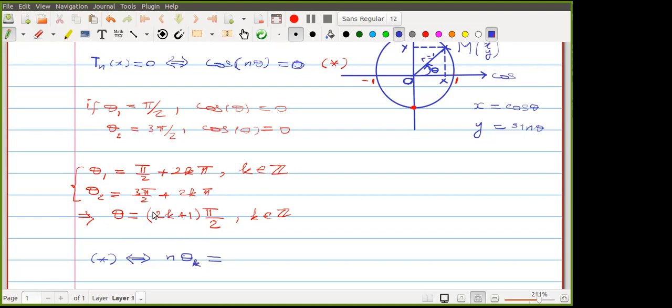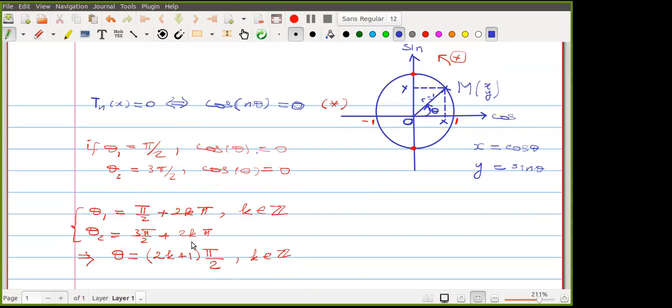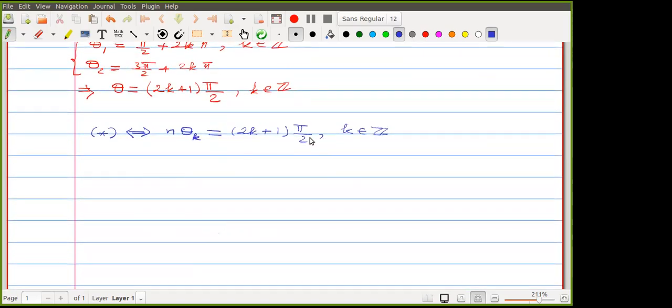That will be equal to 2k plus 1 into pi by 2, where k is an integer, positive or negative. So from here we have this result.